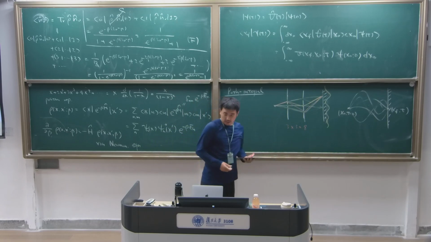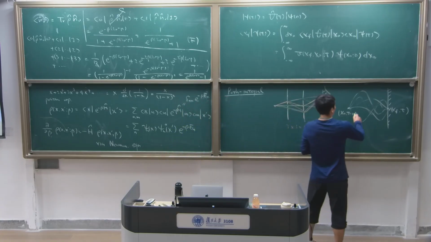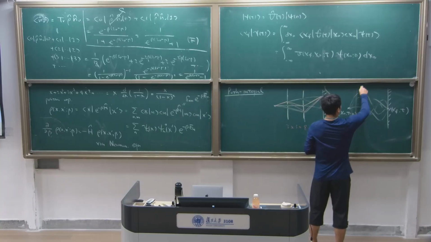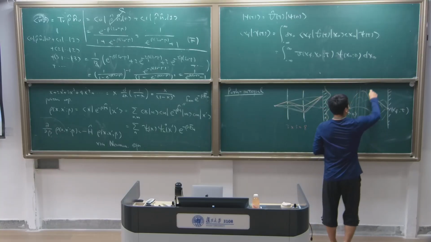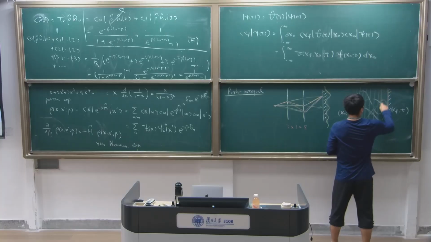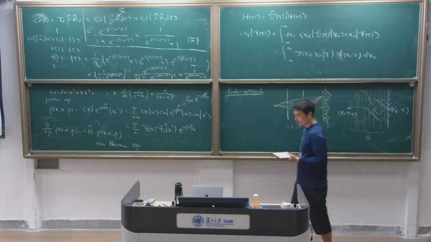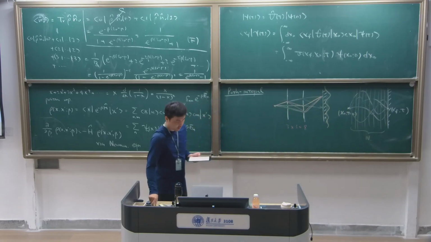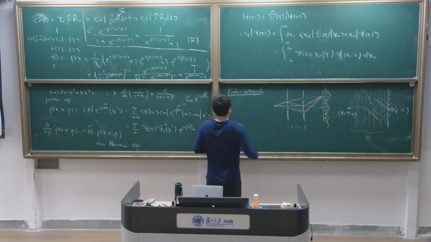We can still subdivide this process in the middle, in capital N times. And then what's going to happen?